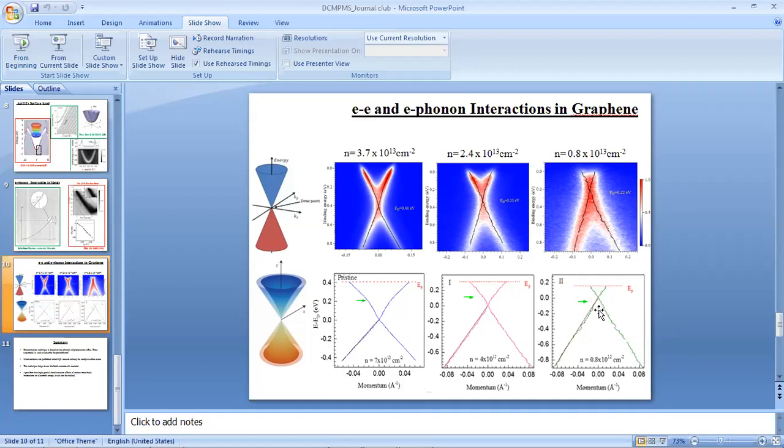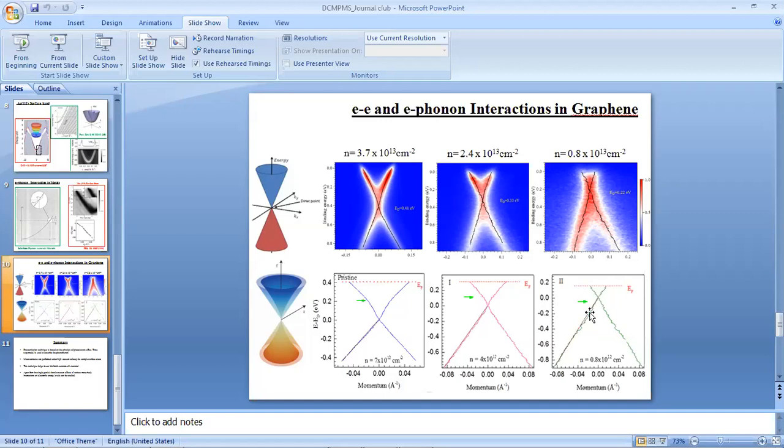Now if you see here for this sample, you can see the cone. The Dirac cone is within the Debye energy region. So near this Dirac point, both the electron-electron interaction and electron-phonon interaction are present. You cannot really say why this deviation from linearity is there. I know this deviation is due to electron-electron interaction, because it is almost 400 meV from the Fermi energy.